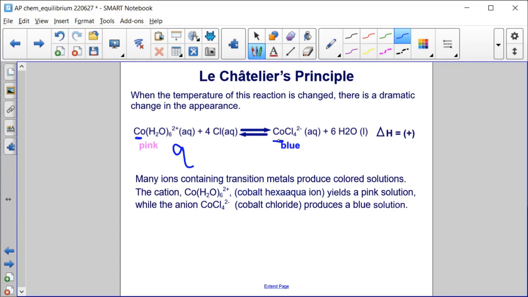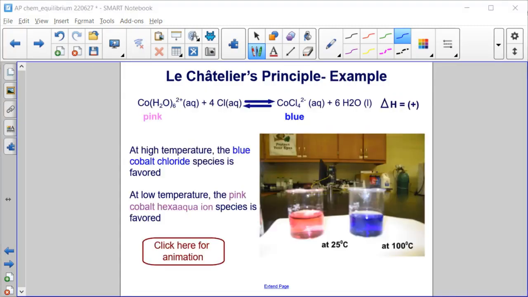The cation cobalt hexa aqua ion, cobalt with 6 waters and then 2 plus, yields a pink solution, whereas cobalt chloride ion, CoCl4 with a 2 minus charge, produces a blue solution. So let's look on the next slide at what happens when we increase or decrease the temperature.